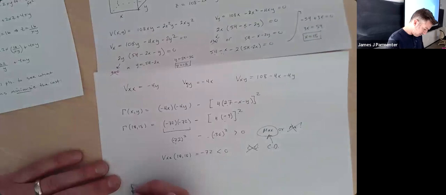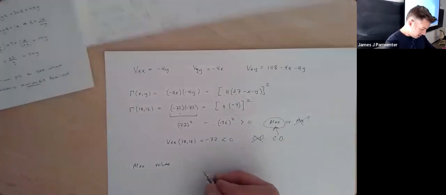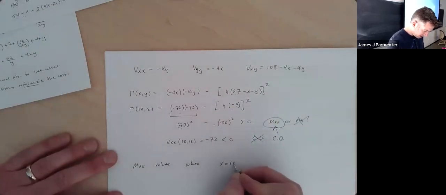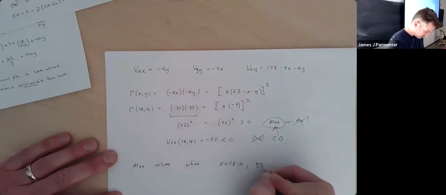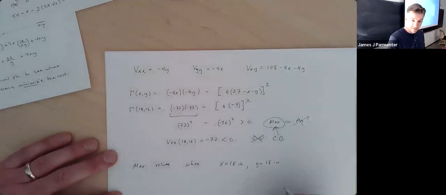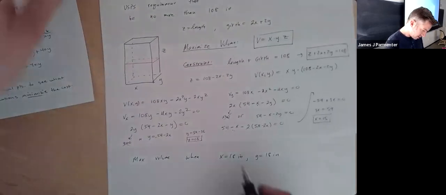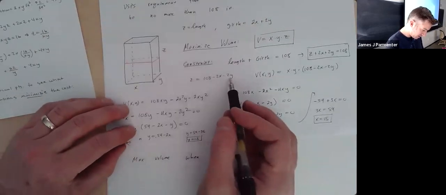So yes, we have a maximum volume when x equals 18 inches, y equals 18 inches, and oh, we need to find z still. So if we go back and look at our previous work, z is equal to 108 minus 2x minus 2y.